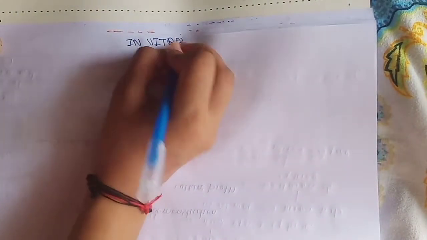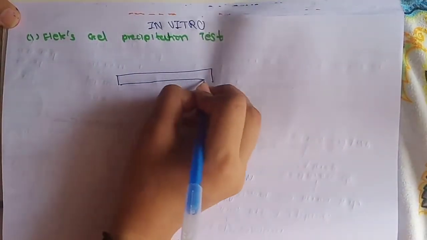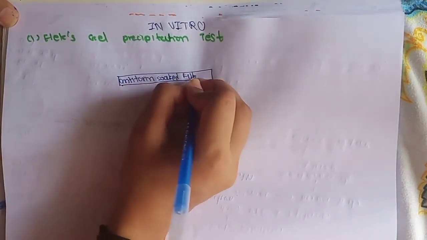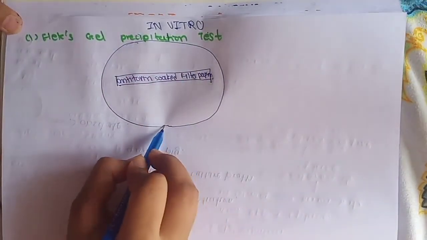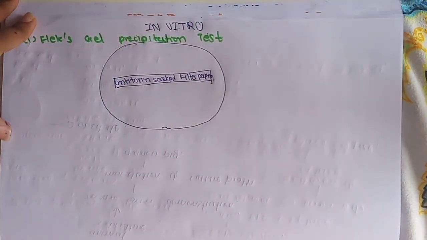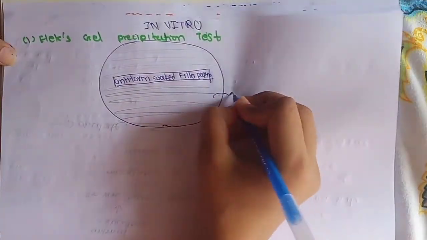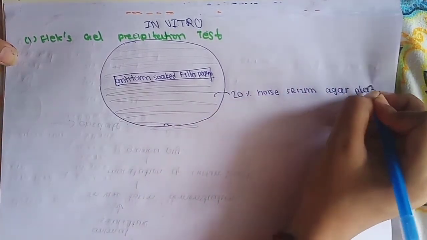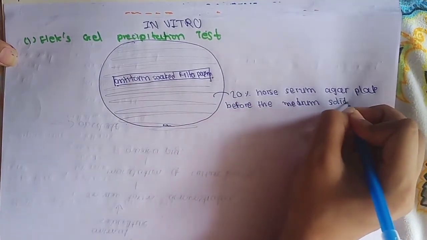Now let's talk about the in vitro tests. The main one is the Elek gel precipitation test. Imagine that this is a rectangular strip of filter paper soaked in diphtheria antitoxin. It is placed on the surface of a 20% horse serum agar plate before the medium solidifies.